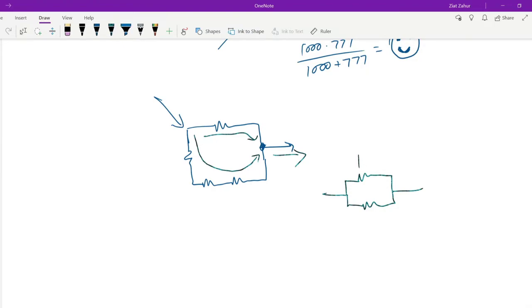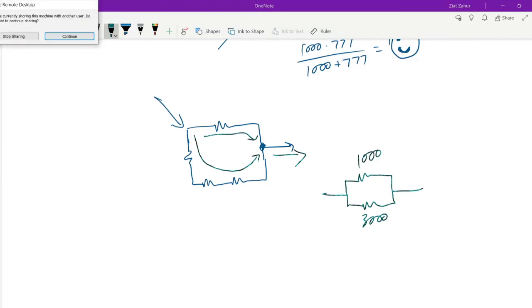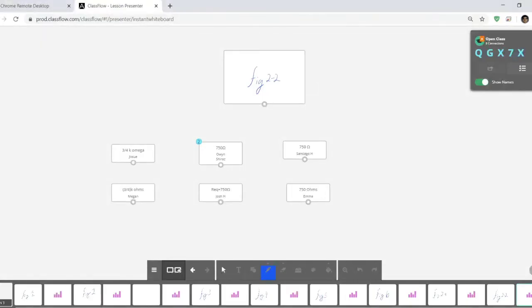And just Req for 2 for 3,000 and 1,000. And notice how it's going to be less than 1,000. So 3,000 times 1,000 over 3,000 plus 1,000 is 750. 750. Wow, 100%.